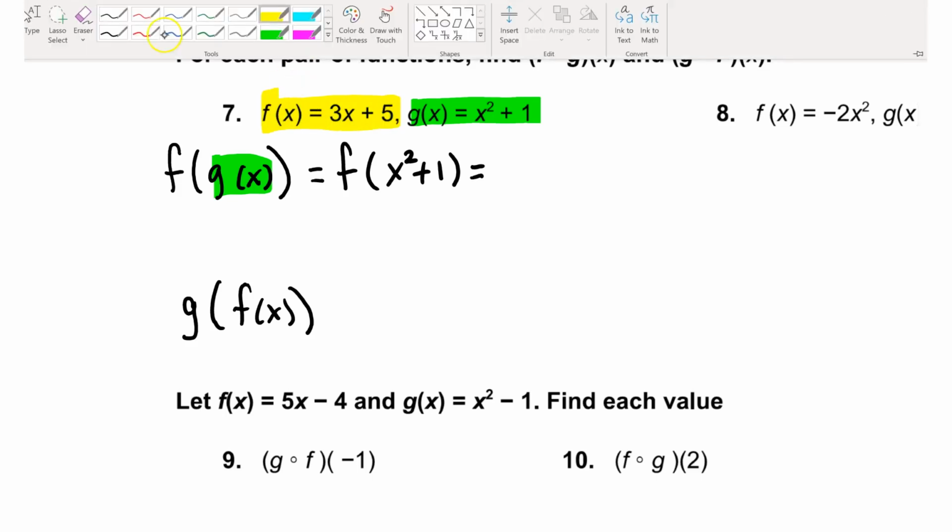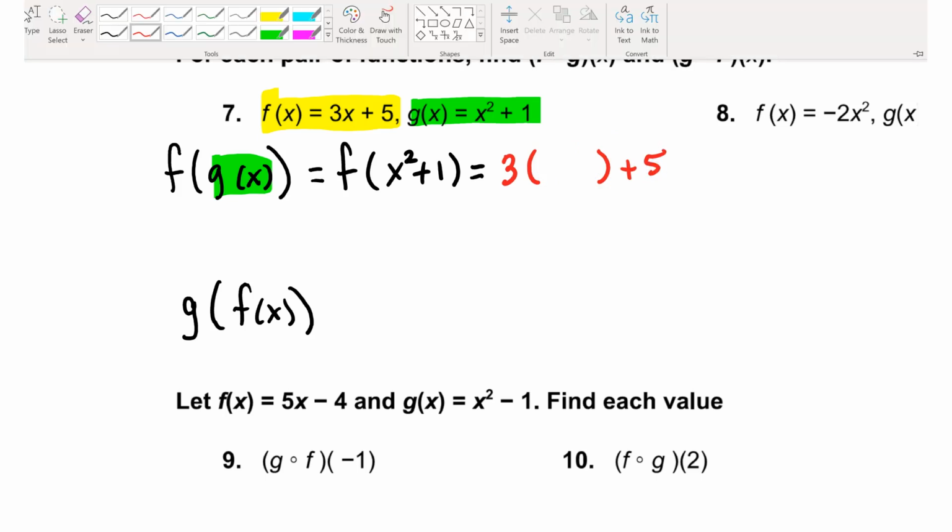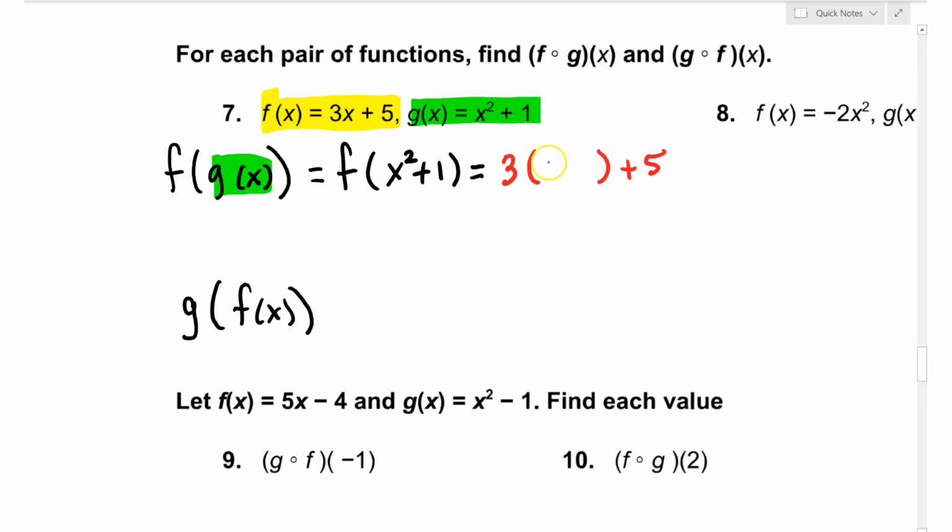So what do we have? We have 3 parentheses plus 5. So what goes into the parentheses? It will be x squared plus 1. So you do the distributive property, so you have 3x squared plus 3 plus 5, which gives you 3x squared plus 8. And that is a composition.